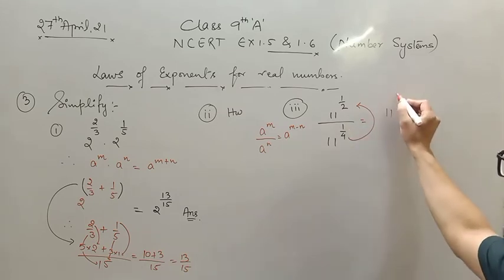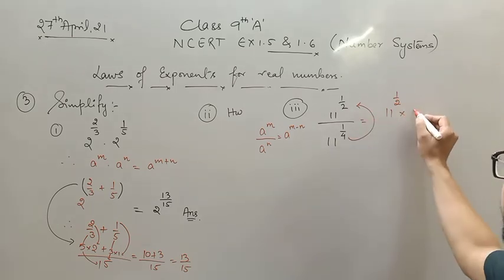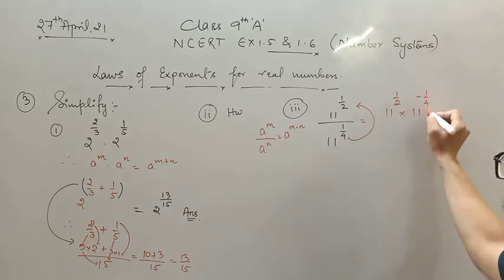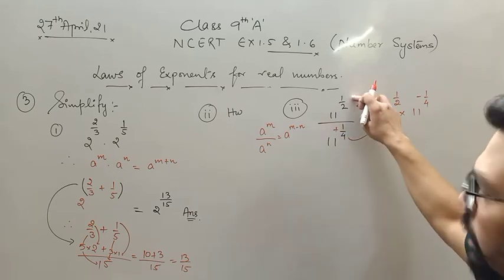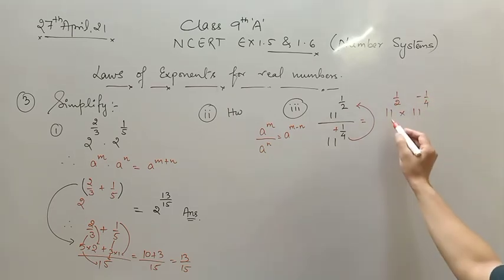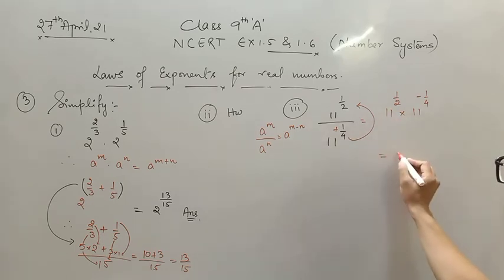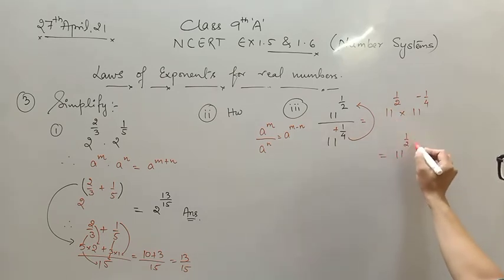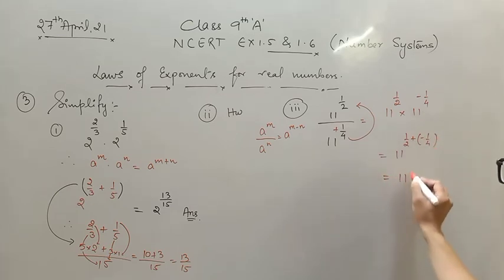So it can be written as 11 to the power 1 by 2 multiplied with 11 to the power minus 1 by 4. Here plus 1 by 4 is given, but when I move this part to the numerator, the sign got changed. Now the base is same, so I can write 1 upon 2 plus minus 1 upon 4, which can also be written as 11 to the power 1 by 2 minus 1 upon 4.